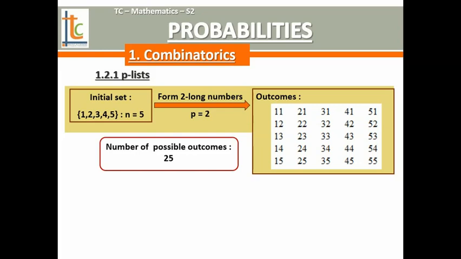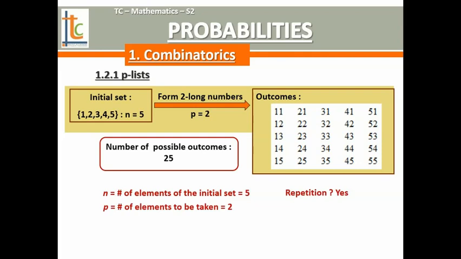So let's perform a little analysis of the situation. n equals 5, p equals 2. Was repetition possible? Yes, of course. 11, 22, 33, 44, 55 are possible outcomes. Then, is the order to be taken into account? Yes, because 1, 2 is not 2, 1.